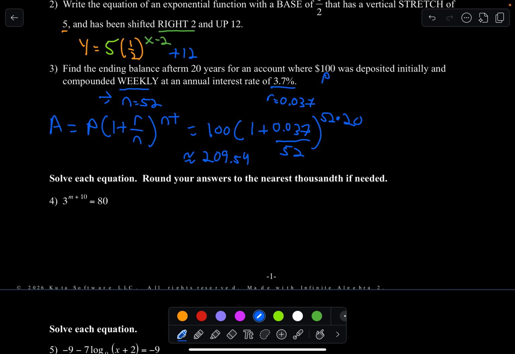Okay. All right, the next one is solve an exponential equation. To solve exponential equations, we have to use the inverse function, and the inverse function is a logarithm.